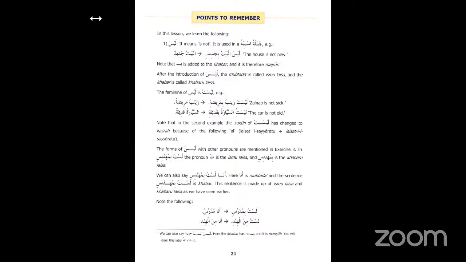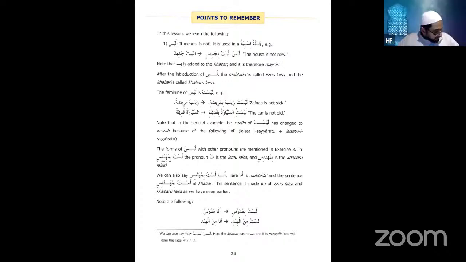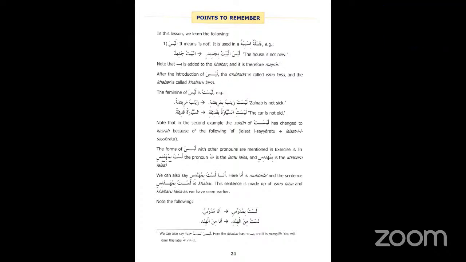Note that in the second example, the sukun of laysat has changed to kasra because of the following al. Correct. The forms of laysa with other pronouns are mentioned in exercise 3.